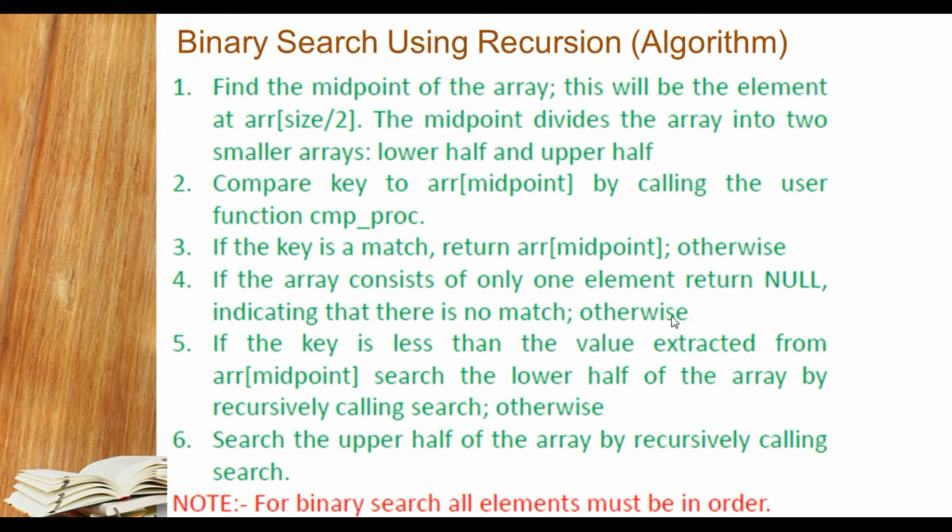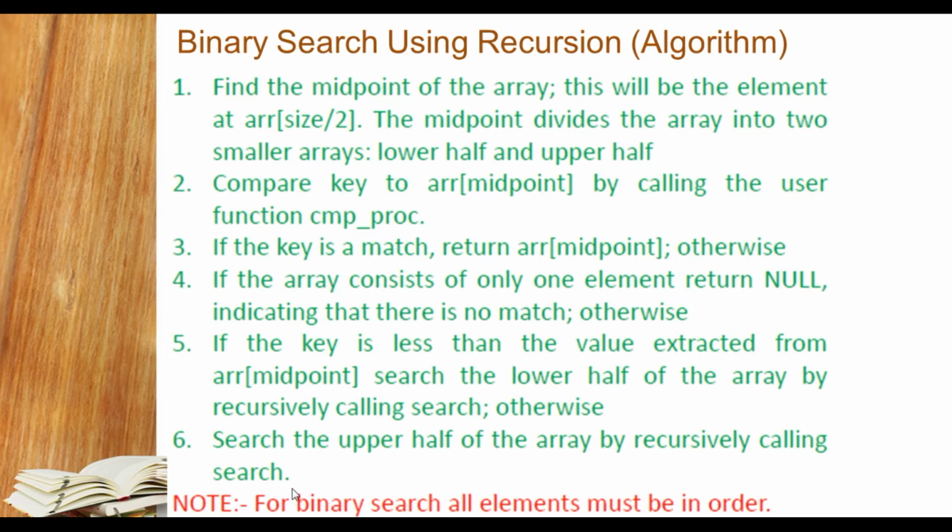Otherwise, in the fifth point we process in this way. If the key is less than the midpoint value, that is, if the search element is less than the array midpoint element, search the lower half of the array by recursively calling the search. Otherwise, search the upper half of the array by recursively calling the search.